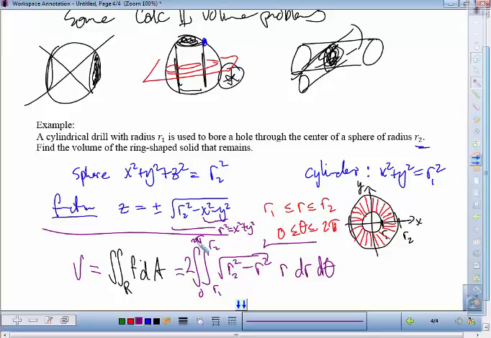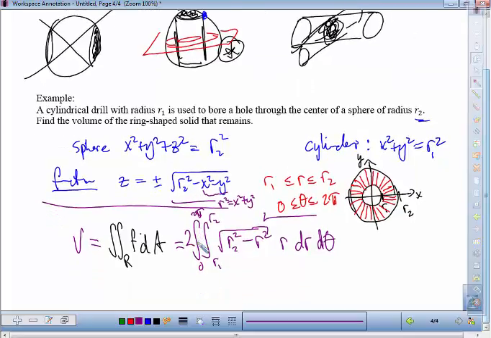Okay, now with constant limits, we can split this up into 2 integrals. I'm just going to do a couple more steps. I'm not going to finish this. But we can imagine that our integral from 0 to 2 pi d theta, there's no theta in there, right? So imagine that that's just a constant. You move that out.